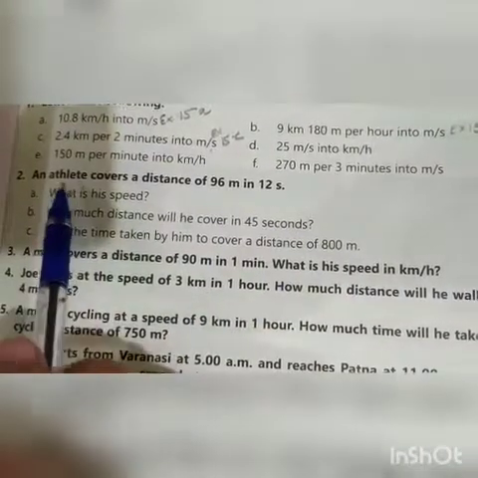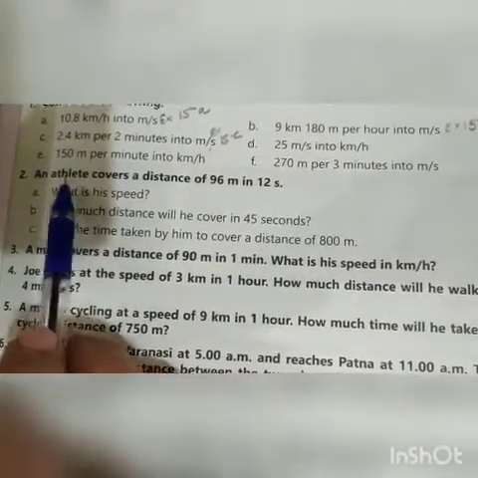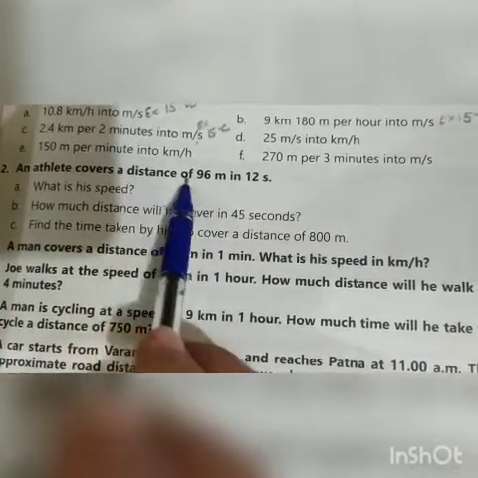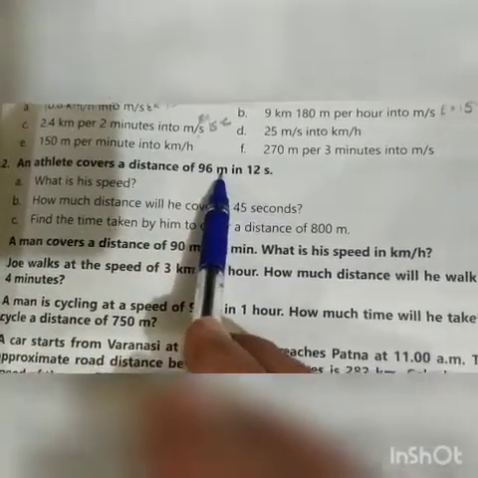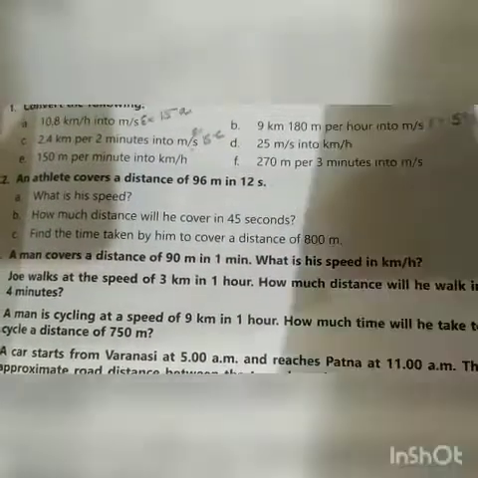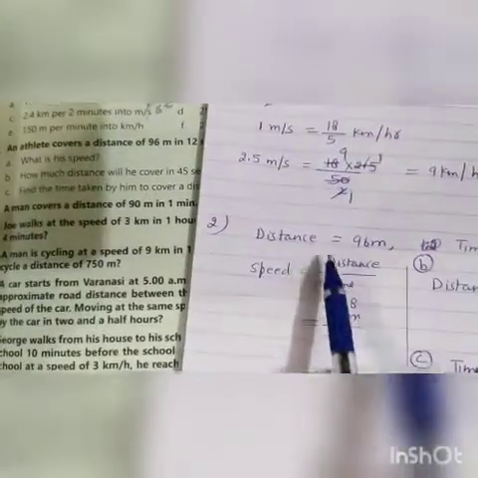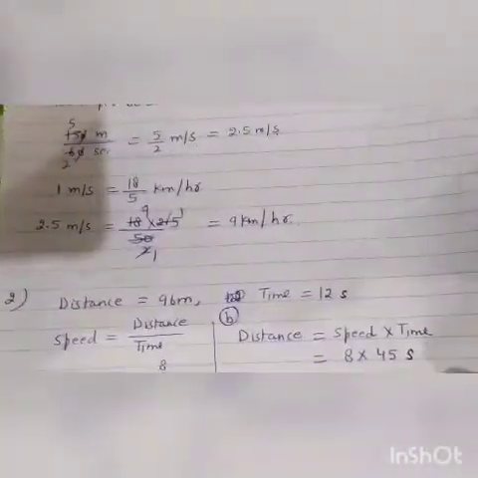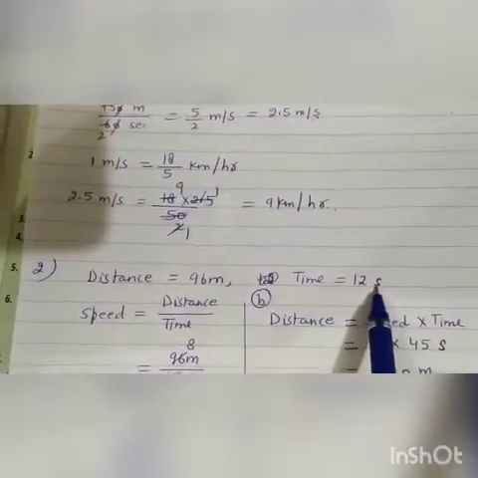See here. Again we read the first line. An athlete covers a distance of 96 meter. This is the distance. It is 96 meter. And what is the time given? Time is given 12 seconds. Distance is equal to 96 meter. Time is given 12 seconds.